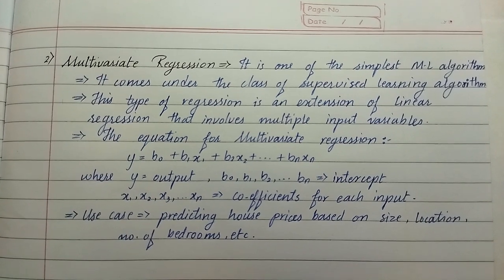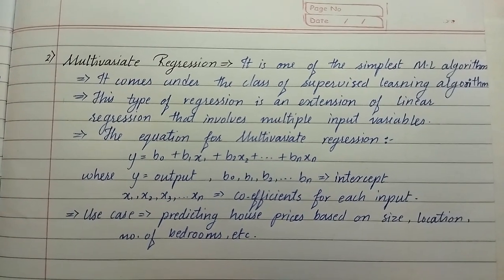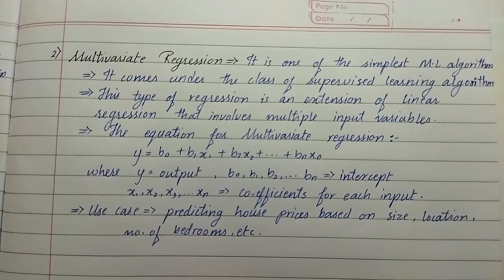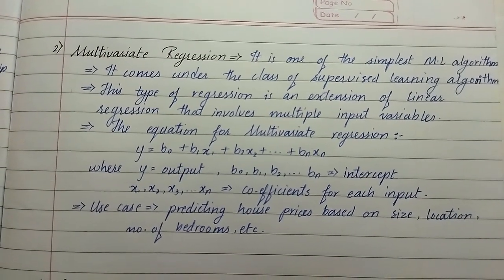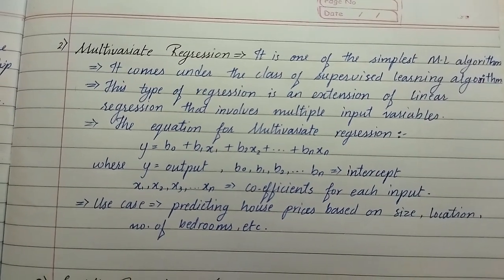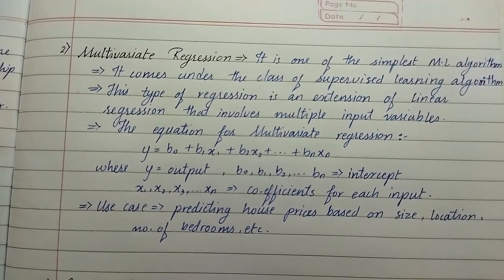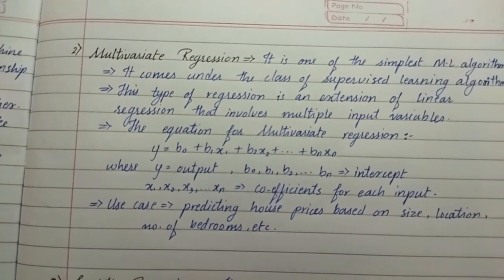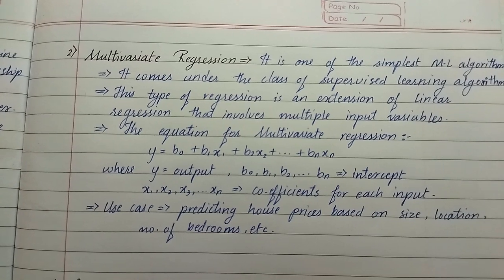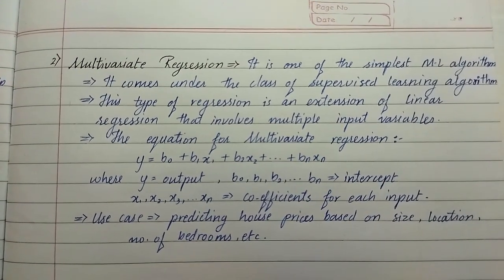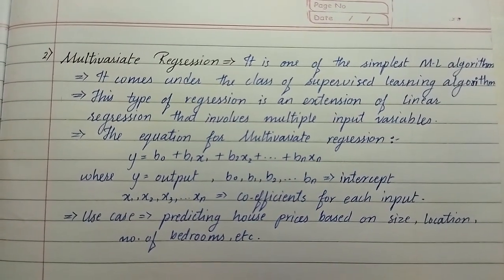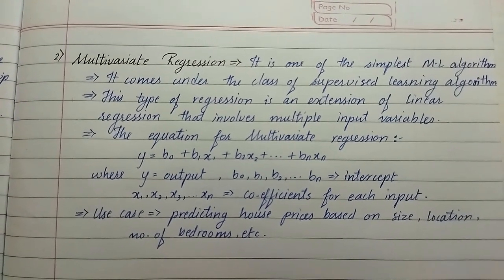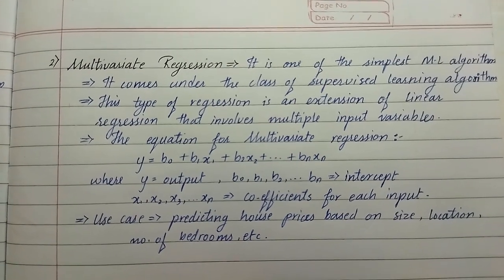So the equation for multivariate regression is y = b0 + b1x1 + b2x2 till bnxn, where y represents the output, b0, b1, b2 till bn represent the intercepts, and x1, x2, x3 till xn represent the coefficients for each input. And the use case for multivariate regression is again the same, like predicting house prices based on size, location, number of bedrooms, etc.